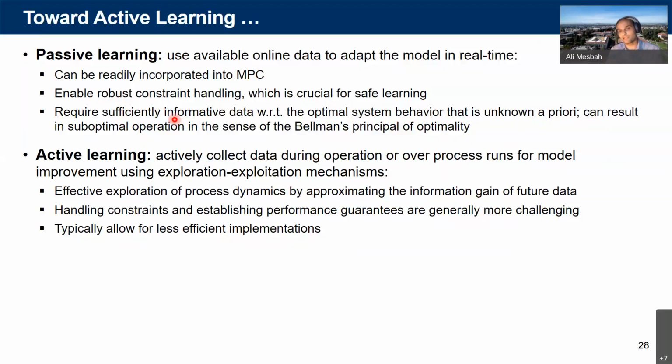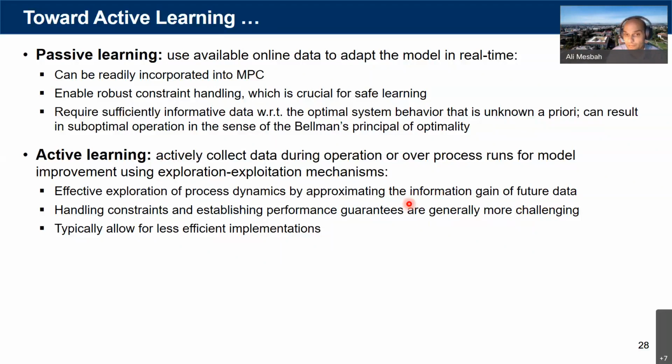So then the alternative that we would like to move to is to basically actively collect data during the operation. So what we want to do, we want to effectively explore the system or the process dynamics by approximating the information gain of future data. And accordingly, we want to balance the exploration and exploitation effects of our inputs to the system.